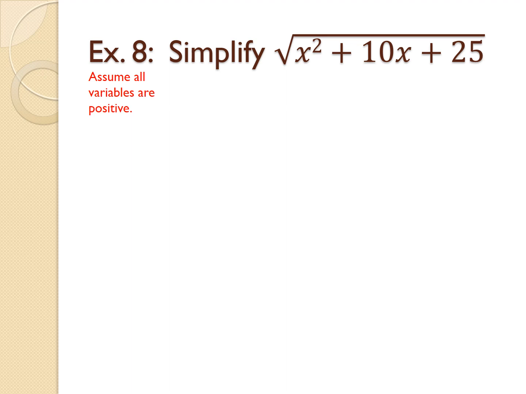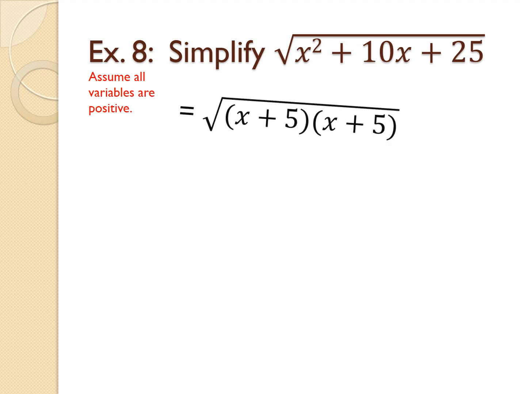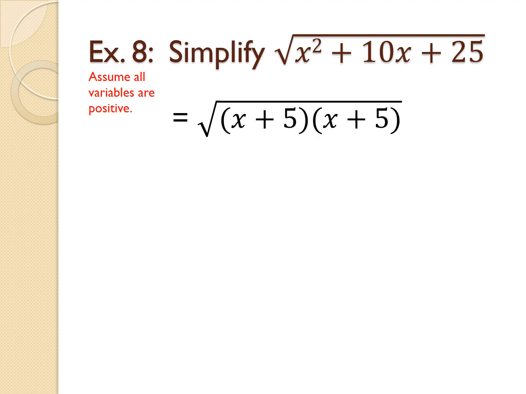So what you have to do here is factor that trinomial. What two numbers multiply to make 25 that add to make 10? 5 and 5. So that's going to be the square root of x plus 5 times x plus 5.